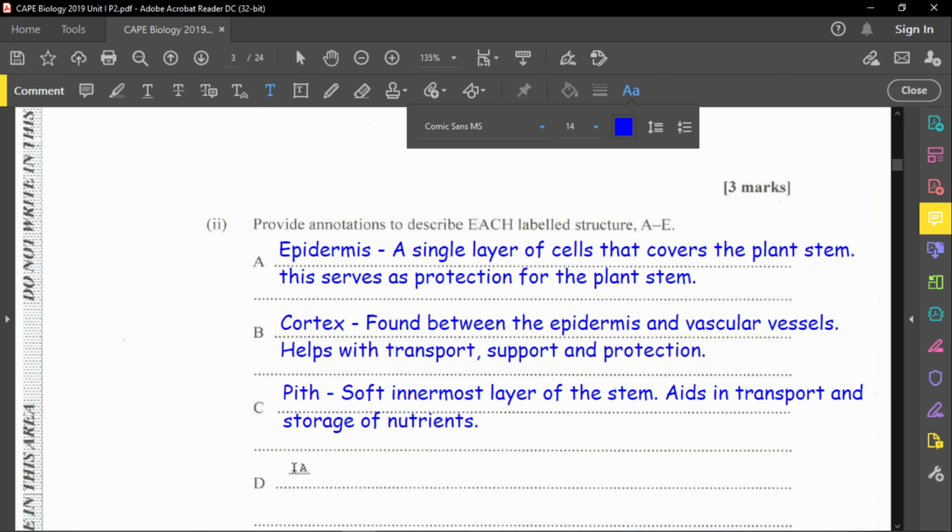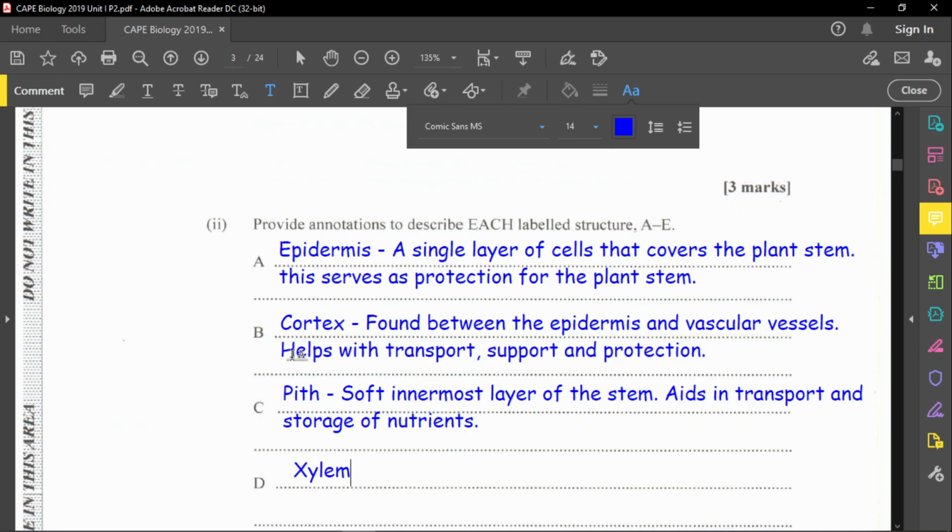All right, and so let's go to the next structure now. And D is the xylem. Just to make a mention right here that the cortex and the pith, they contain parenchyma cells. So you can make a note of that as well.